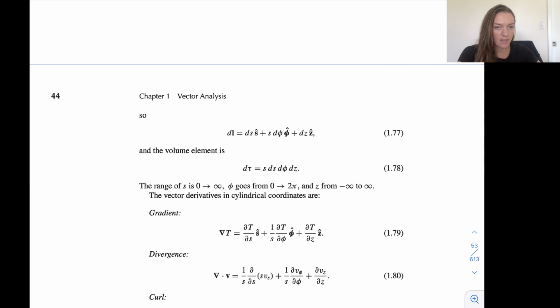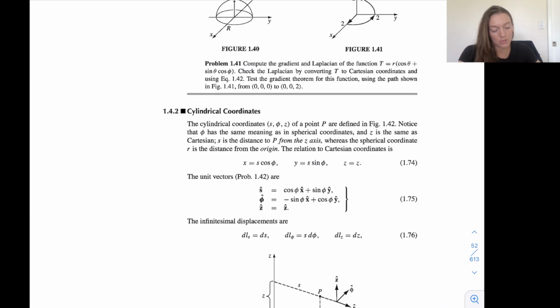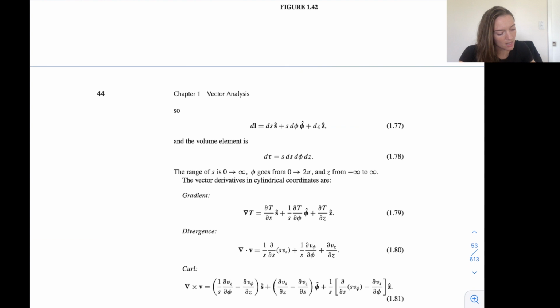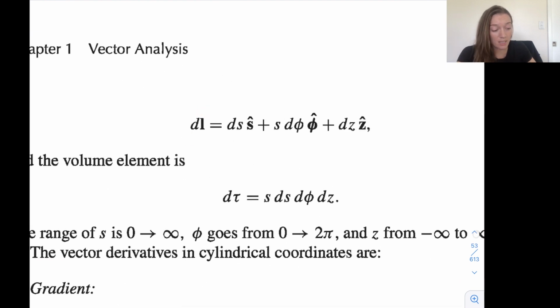I'm not going to get into the details of how to integrate in spherical or cylindrical coordinates, but if you go to Griffiths, in mine it's page 44, equation 1.77, where he goes over integrating in cylindrical coordinates, you can see that your line element in cylindrical coordinates in the phi direction carries an s or an r, whatever variable you want to use.